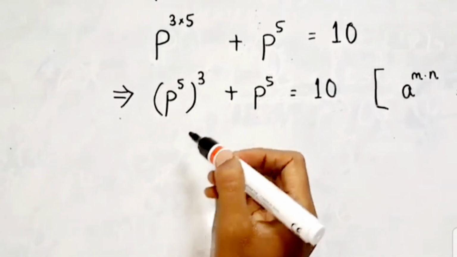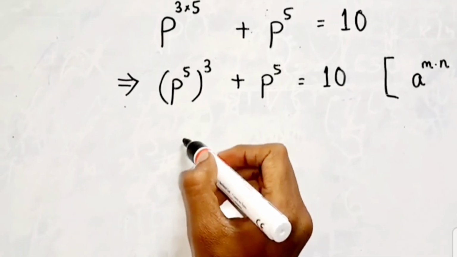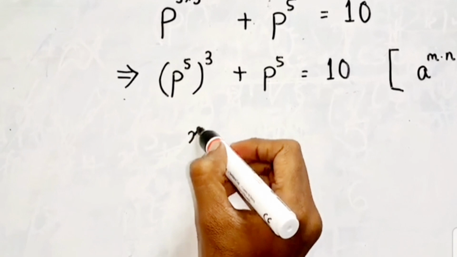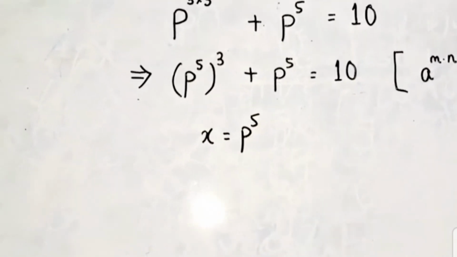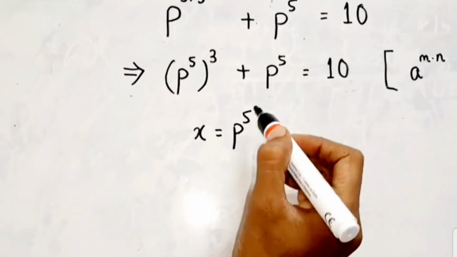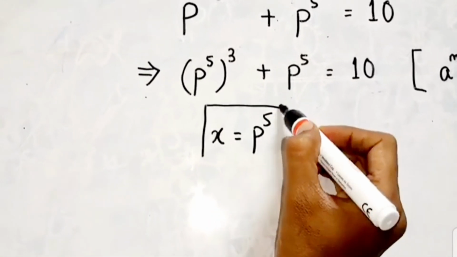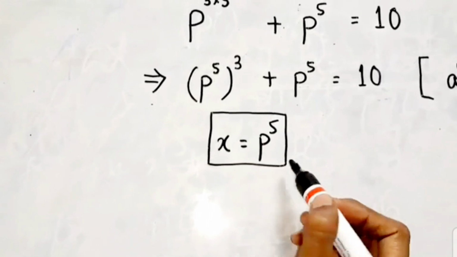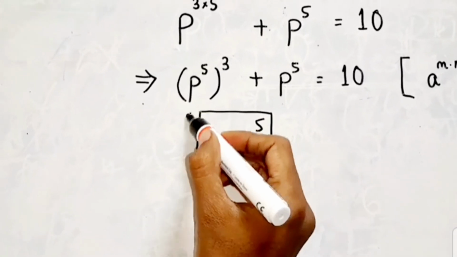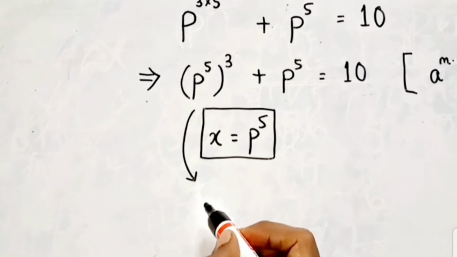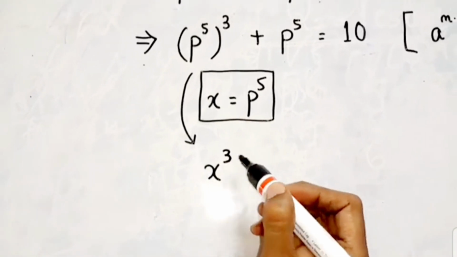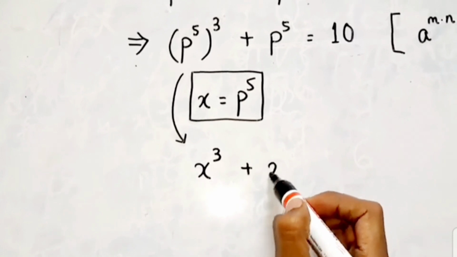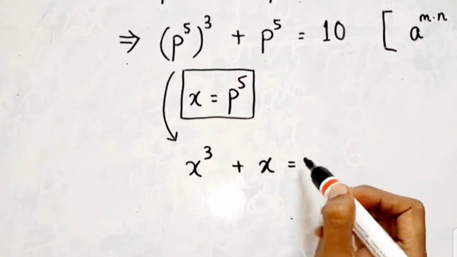Now we can take p to the power 5 as some x, so x equals p to the power 5. After substituting this in the equation, we get x raised to power 3 plus x equals 10.